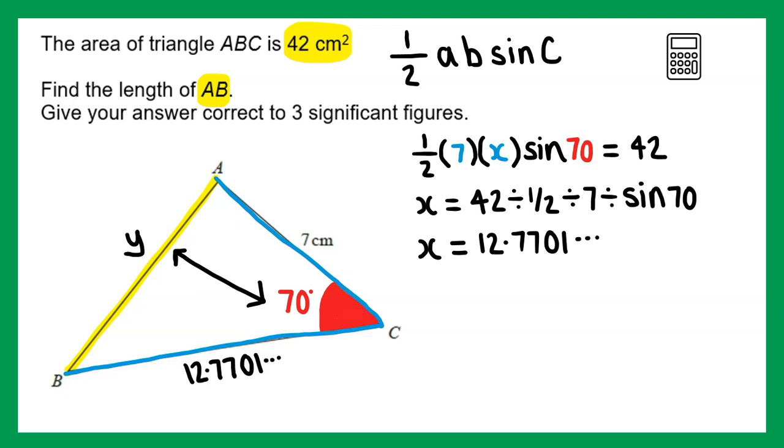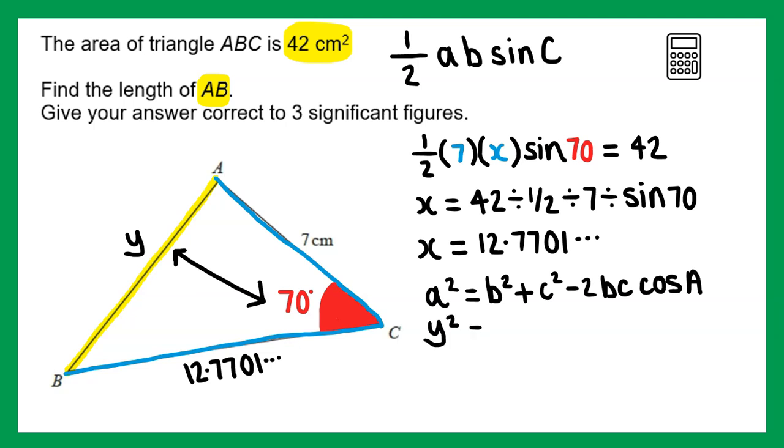I can now use the cosine rule to find this length. I want to use the version of the formula where part of the length is given as the subject, a squared, which is equal to b squared plus c squared minus 2bc cos of the opposite angle. Lowercase a is the length to be found, labelled as y.